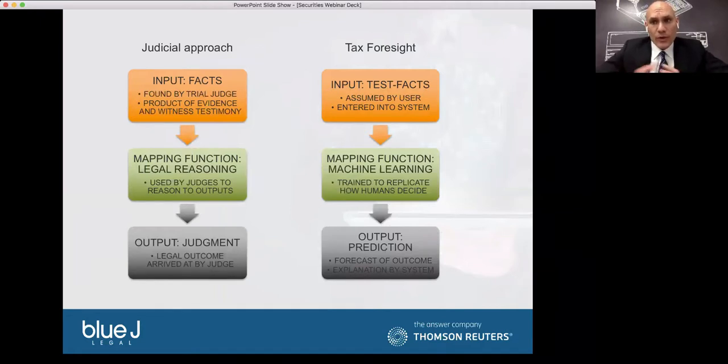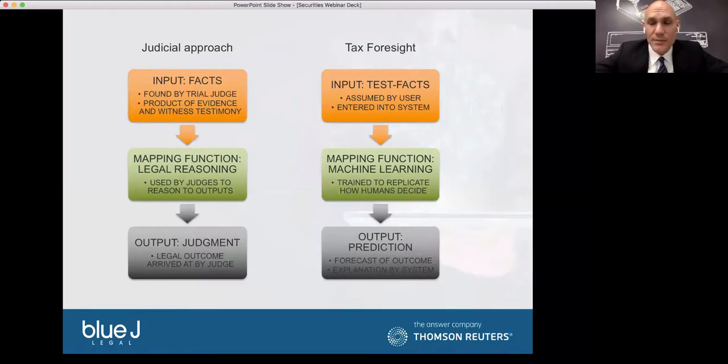So the way that we approach this job in Tax Foresight has a similar structure to how you might think about judges deciding cases. In law school, when I'm teaching law students, we spend a lot of time talking about the facts of the case and how they're found by the trier of fact. The trier of fact is typically the trial judge.